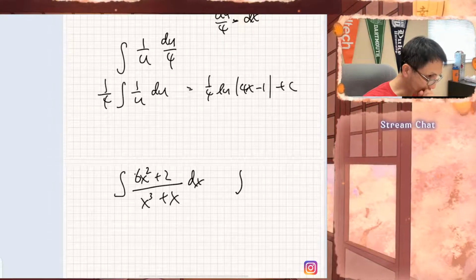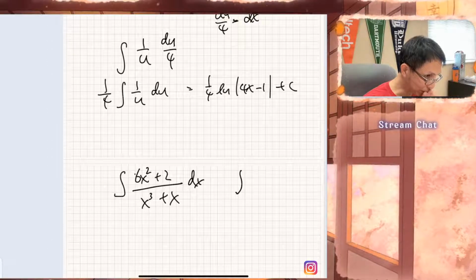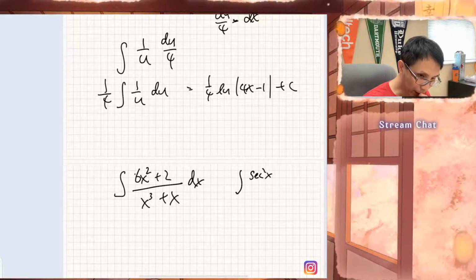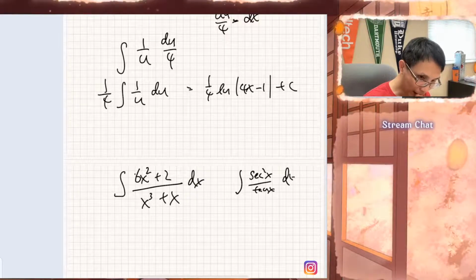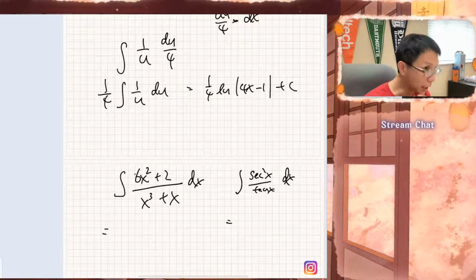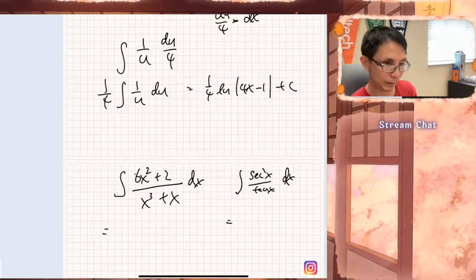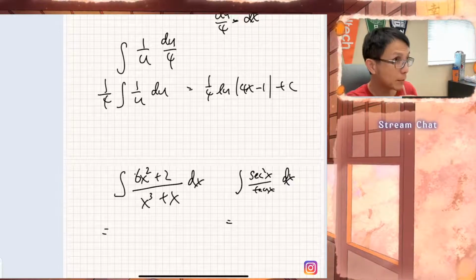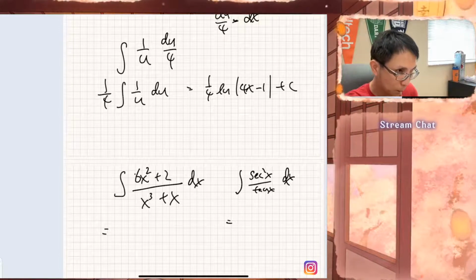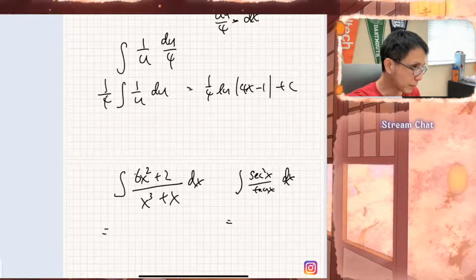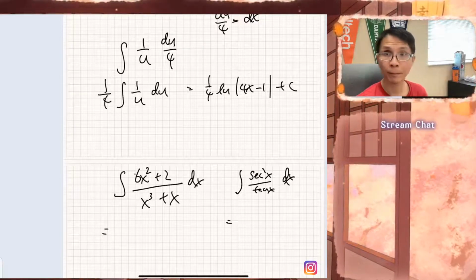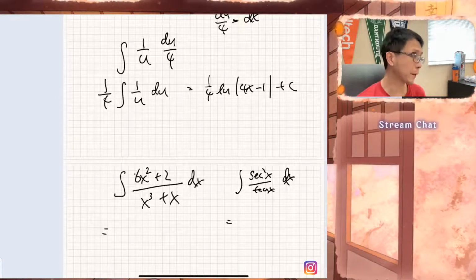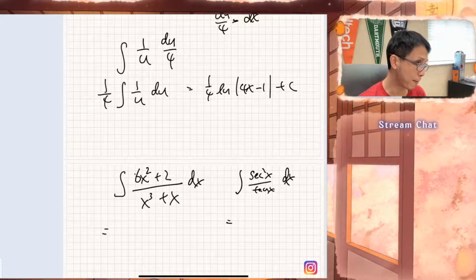The second question is secant squared of x over tan of x dx. I want you to just take two integrals in this case. They are relatively easy because you can see that it's presented to you the same thing. Now we're going to give you a harder case in a second.